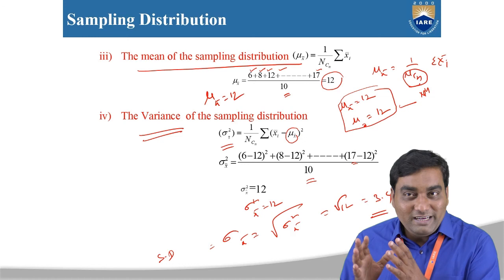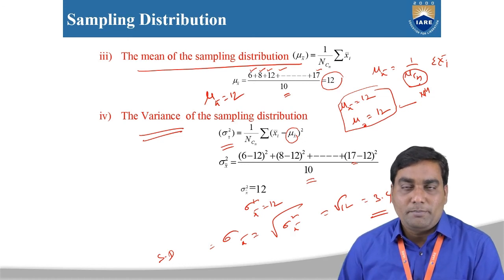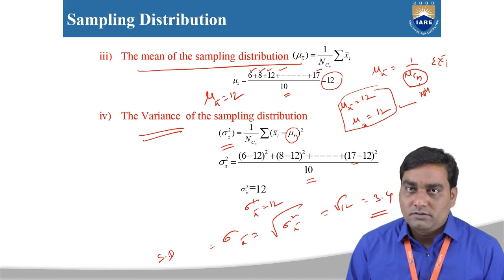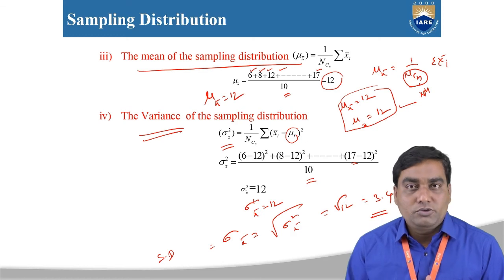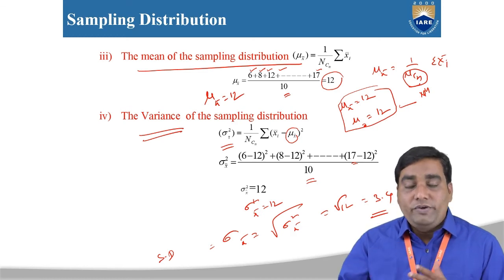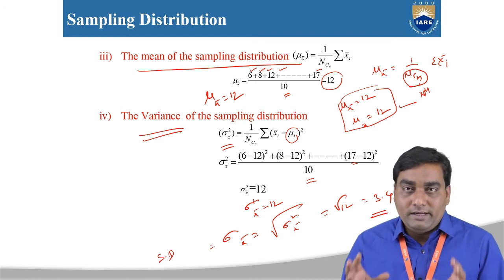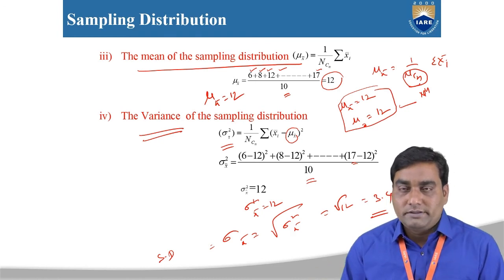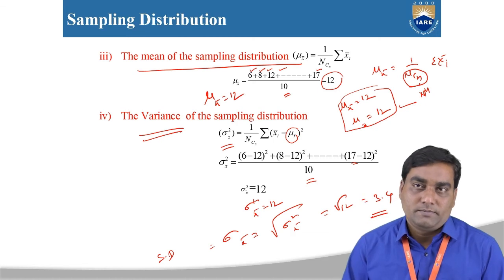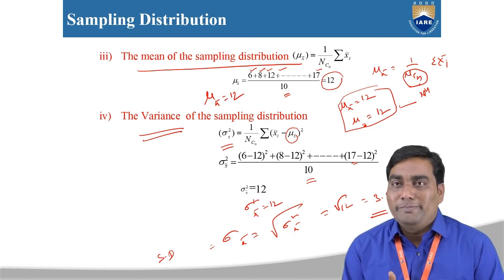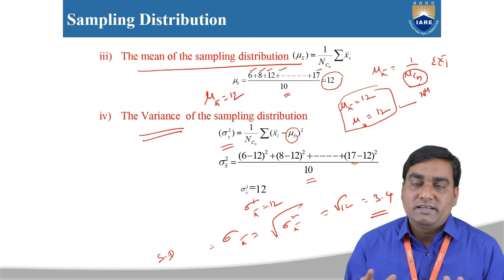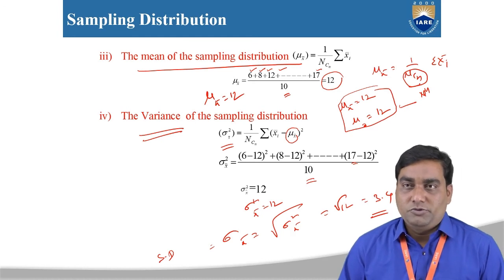When we are finding the mean and variance of the sampling distribution, we require how many samples we are going to choose and how we are going to choose, that is, with replacement or without replacement. Accordingly, we have to write all the samples, then find the mean of all the samples. After that, we can find the mean, variance, and standard deviation of the sampling distribution.